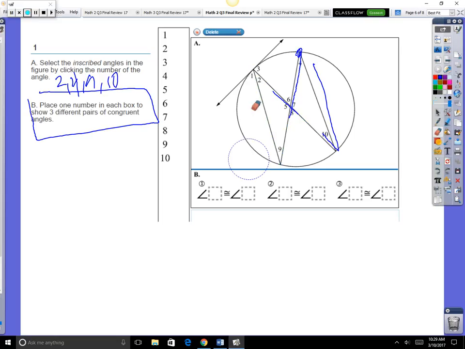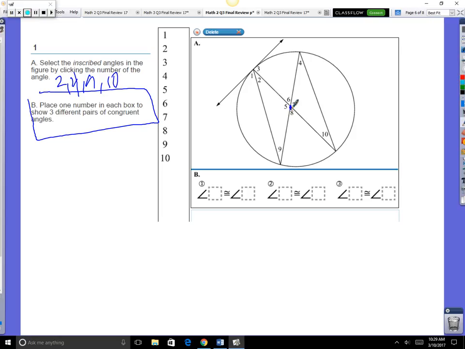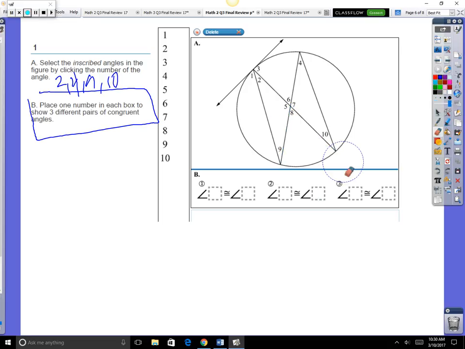I think that might be it. 8 is not, because look at 8, the vertex is at the center of the circle, so it does not touch the circumference. Only the endpoints do, not the vertex. So I think only those 4 are inscribed.